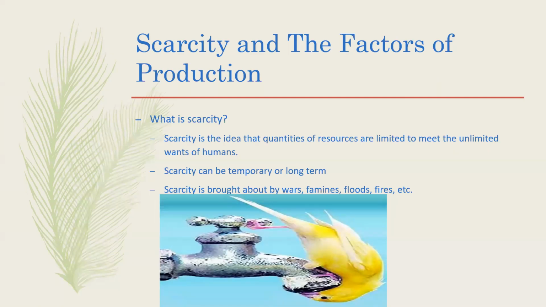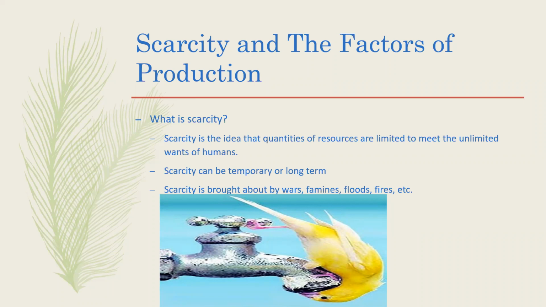So this is like the 7th slide, and we are seeing again scarcity and the factors of production. So we are again talking about scarcity, where we are not going to be privileged at all times to get everything that we want. Even as much as we desire it, it is not always going to be something that we can get.